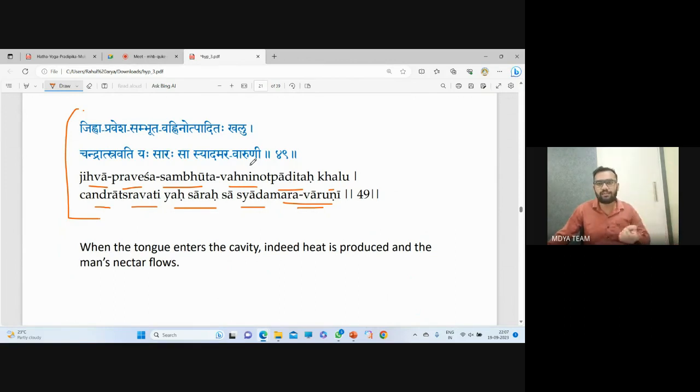In that situation the tongue will be able to sense different kinds of tastes. Chandra Sravita, yes. If I make the diagram here, it is your body, okay?